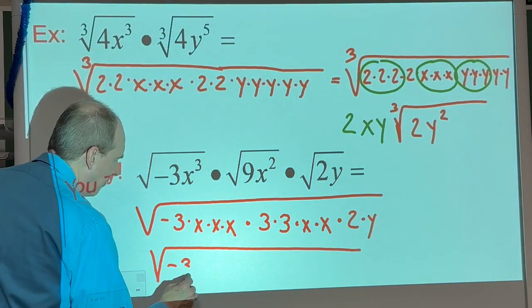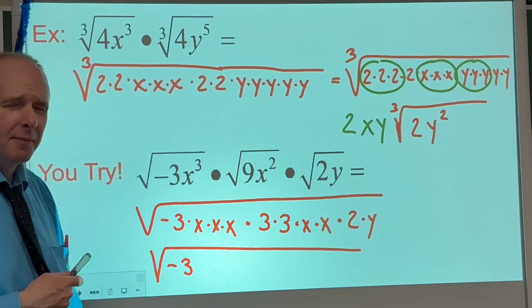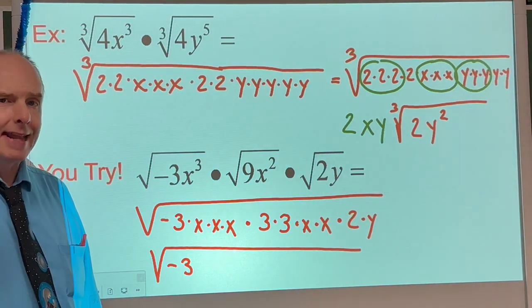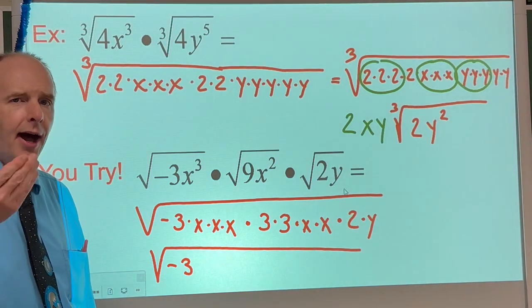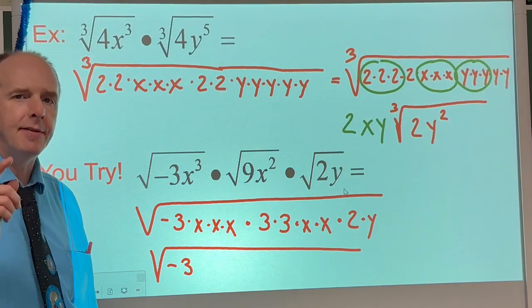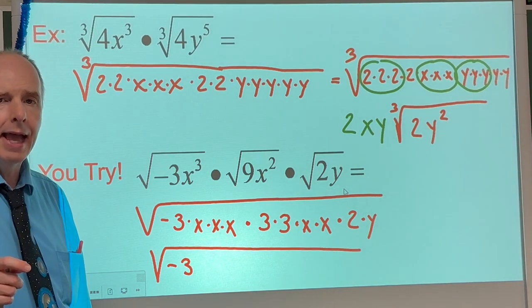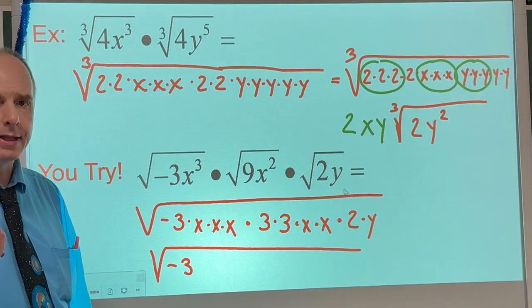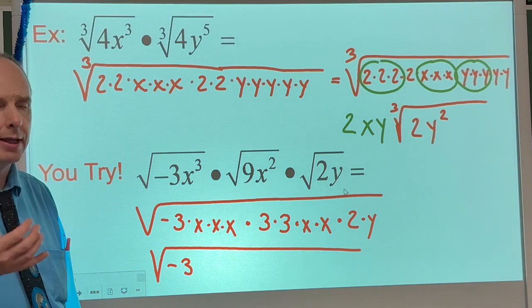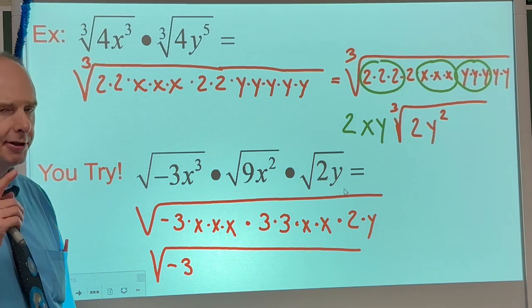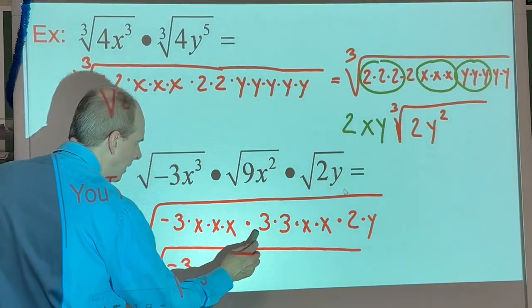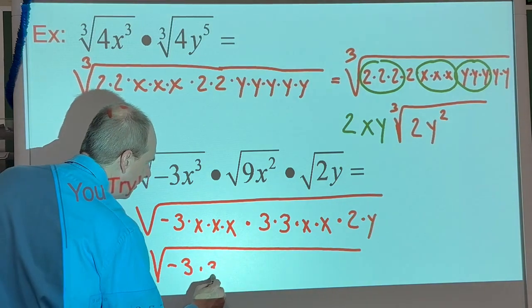I've got -3, which is, if you think about it, -3 means -1 times 3. The negative is going to give you an i. The negative square root, right? Can't take the square root of a negative number. Gives you an i.